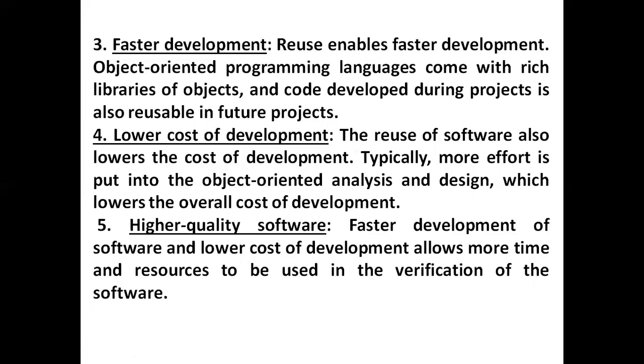The next advantage is faster development, because we are using the reuse property, so naturally your time will be saved, your money will be saved, your effort will be saved.